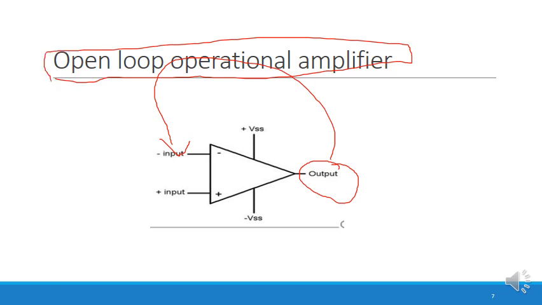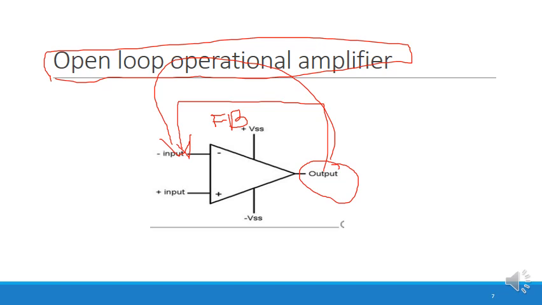Okay, in electronics, if the output is taken back to the input, it is called feedback. What is feedback? The process of injecting a small portion of the output back to the input is called feedback.